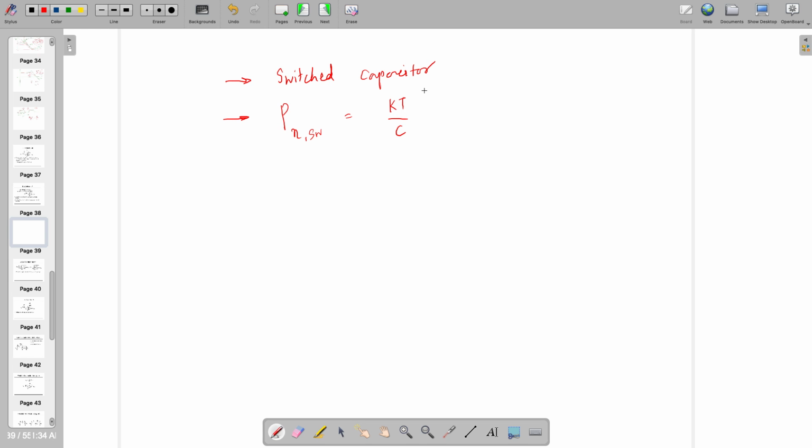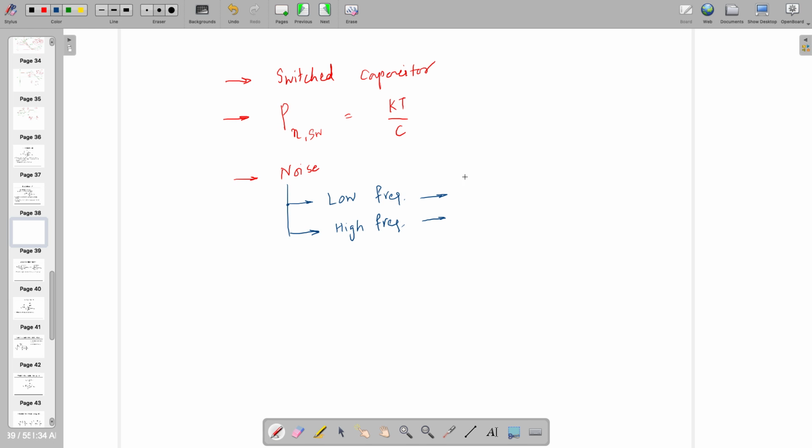This is what we learned, and we also learned that there are two kinds of noise: noise at low frequency and noise at high frequency.